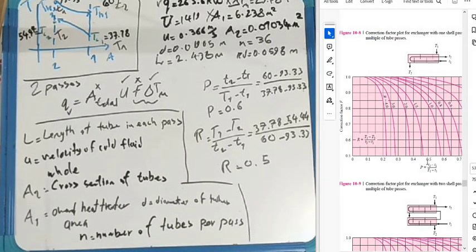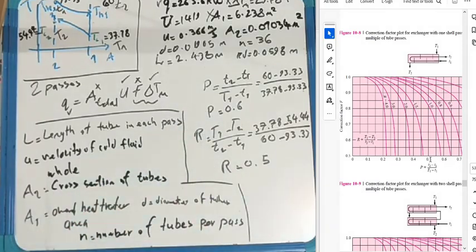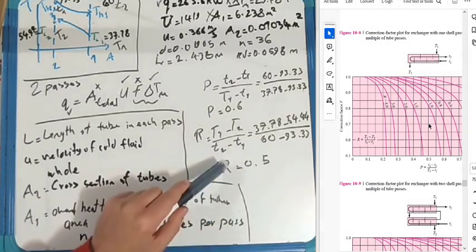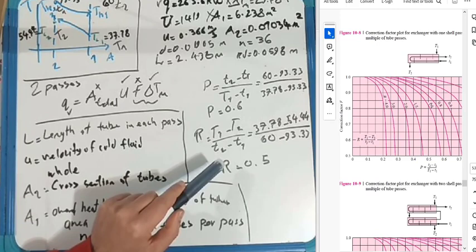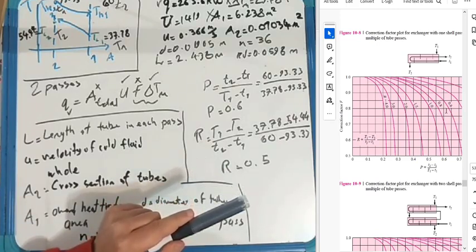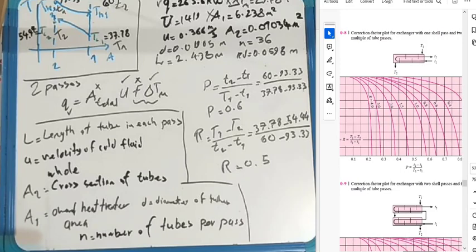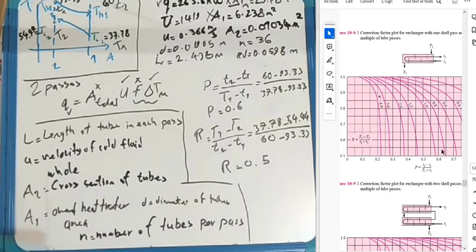If I choose P here from this diagram, and R 0.5 from this diagram, it will be someplace over here, maybe here.